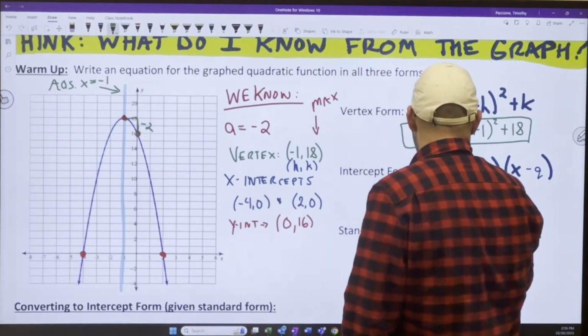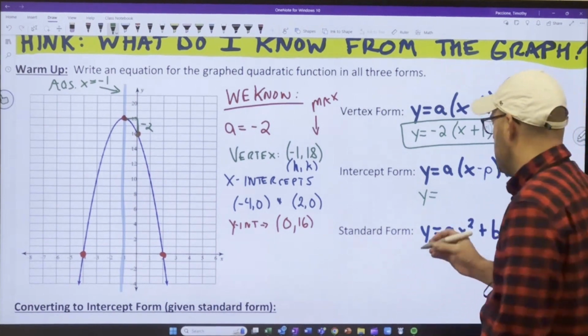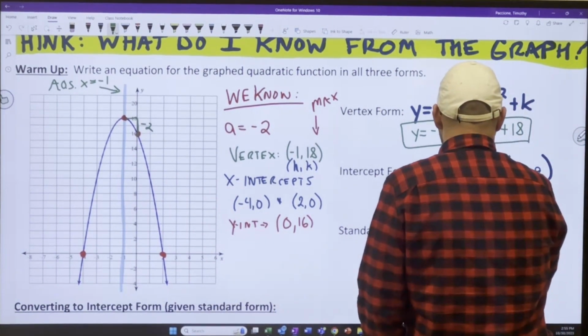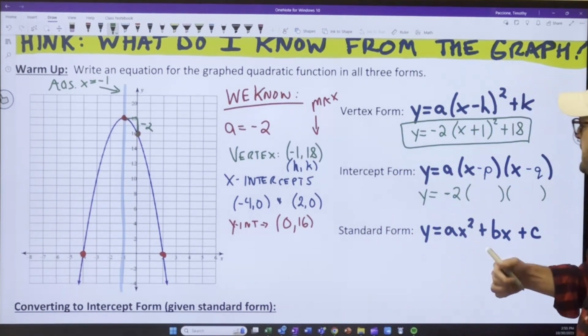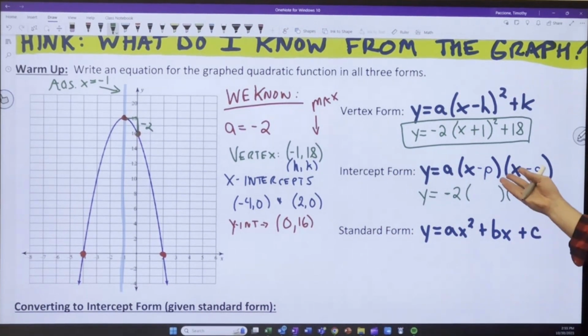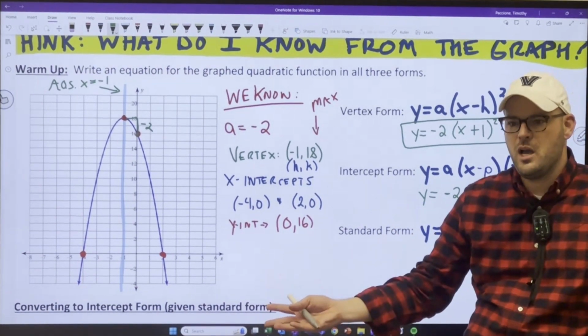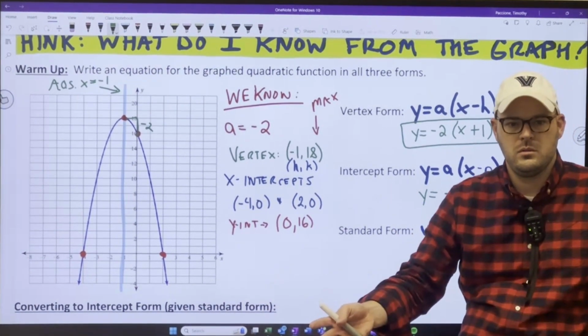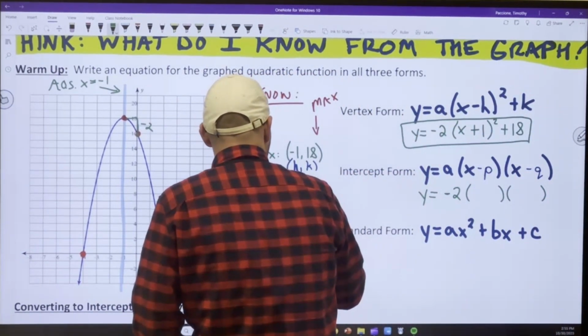All right, intercept form. Well, let's see what we have. We know our A, which is negative 2. And then I have these 2 parentheses I need to fill in. It's going to be x minus p and x minus q. Again, it's great if I'm going to give you this formula, but if you don't know what p and q represent, it's not going to be very helpful. What is p? What is q? Our x-intercepts. So this is my p, and this is my q, right?